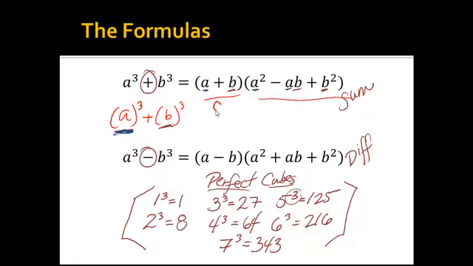The way you can remember this is same, opposite, always positive. Same sign, then the opposite, then always positive. See the same thing here? Same, opposite, always positive, because these are the same, and these are opposites, and this is always positive.